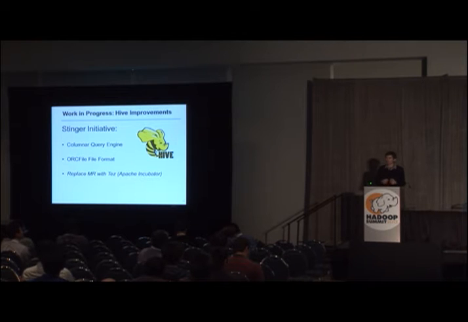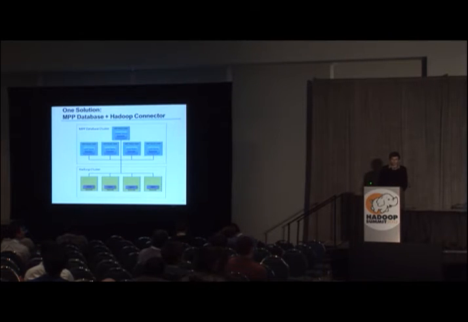I wanted to focus on things that are available right now, systems that you can use immediately, basically to get around this latency problem. So one of the first approaches that we saw to this issue was basically taking an MPP database and running it on top of Hadoop. And a lot of vendors have introduced Hadoop connectors over the past 2 years.